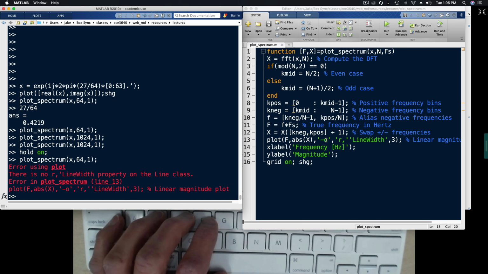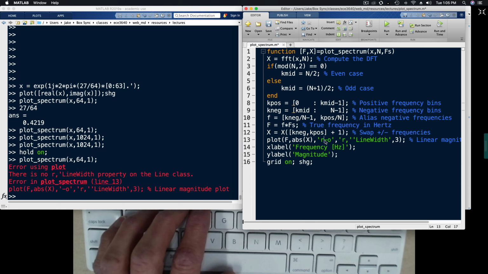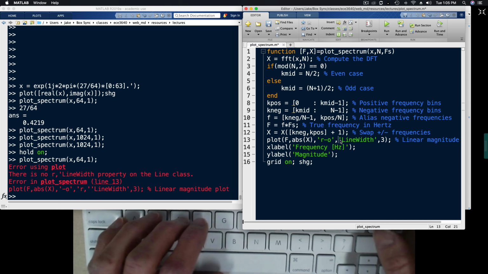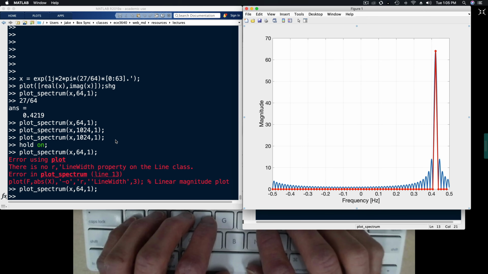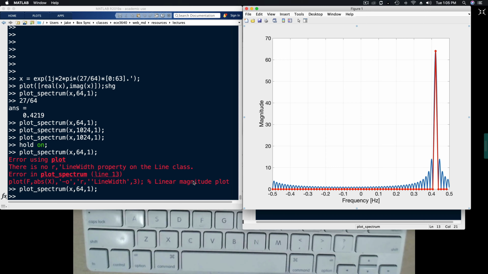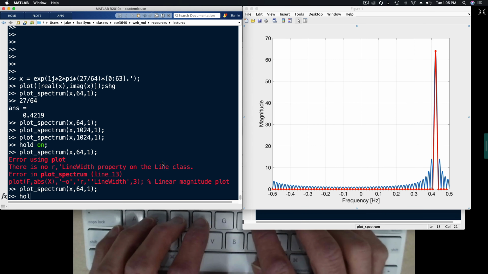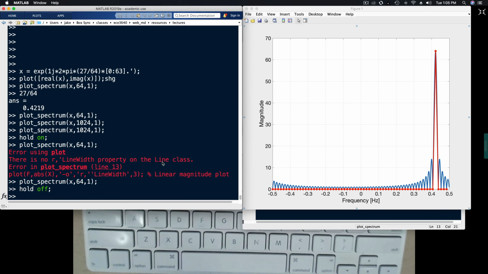Let's see. Maybe this is how I do it. I can't remember how to do this. Bear with me. Okay. So now you can see both cases on one plot.